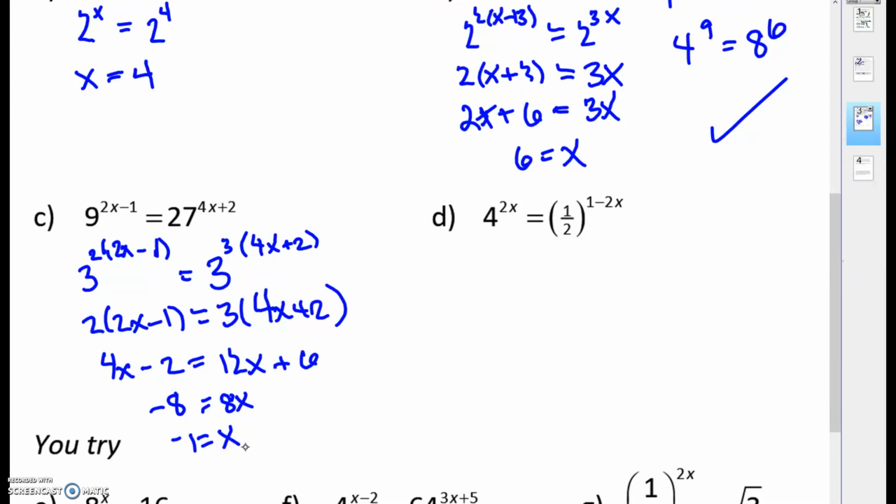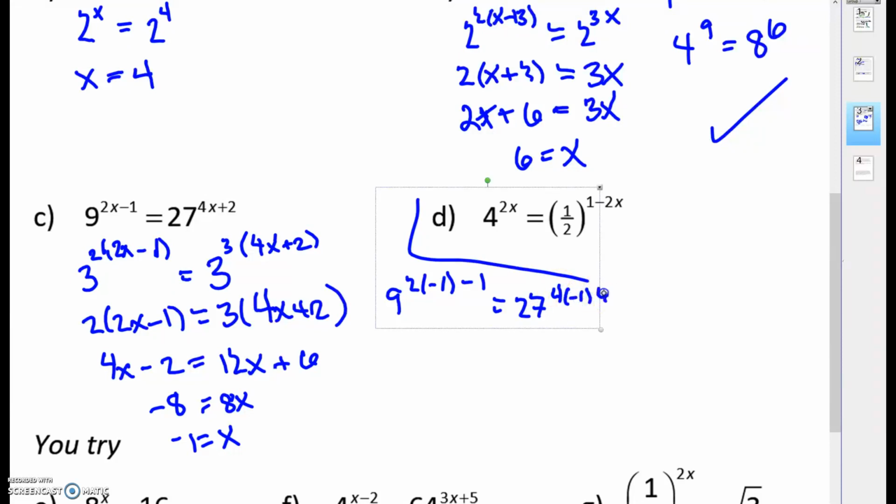Now I'm going to test and make sure my answer actually works. Okay, so I'm just going to do this. I'm going to do 9 to the 2 times negative 1 minus 1. And I want to know, does that equal 27 to the 4 times negative 1 plus 2? That should be a plus, not a 4, I promise. Plus 2.